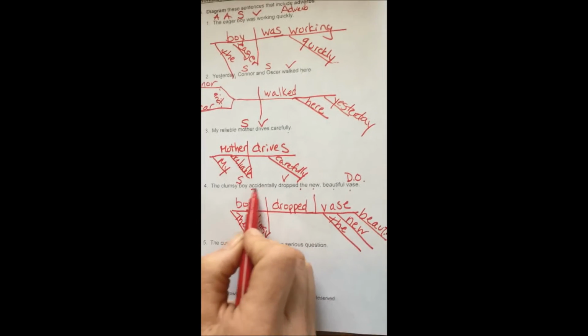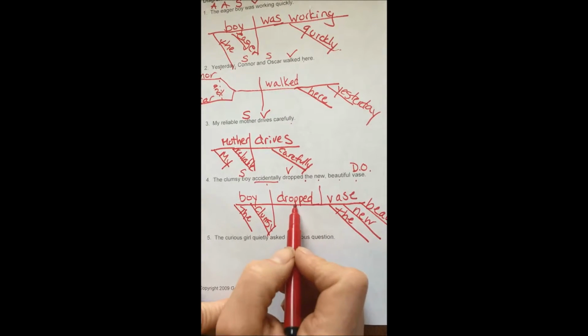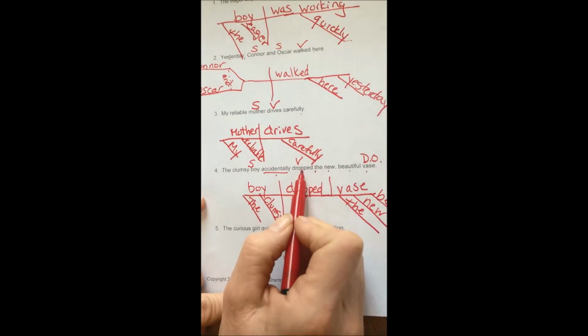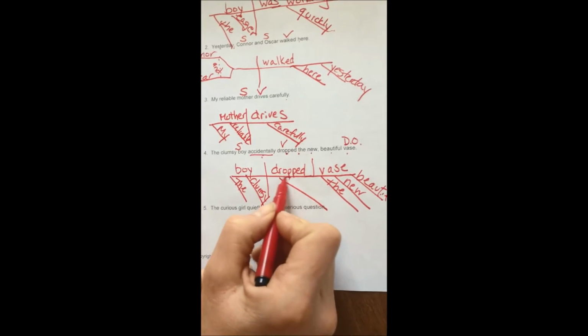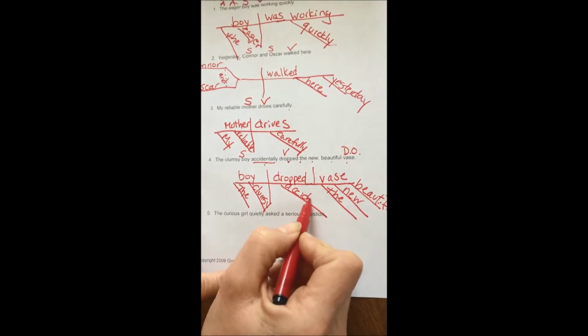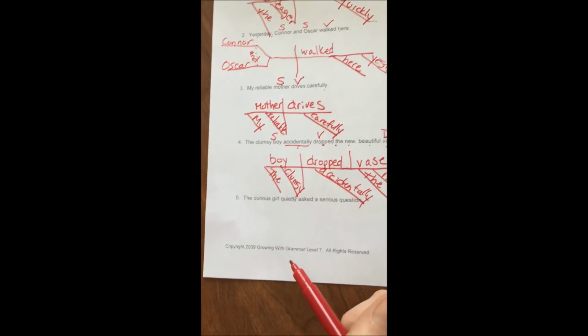And then we have one word left. Accidentally. This modifies our verb. How did he drop it? He accidentally dropped it. Okay, so there's a long one for number 4.